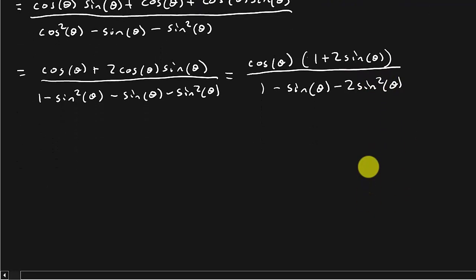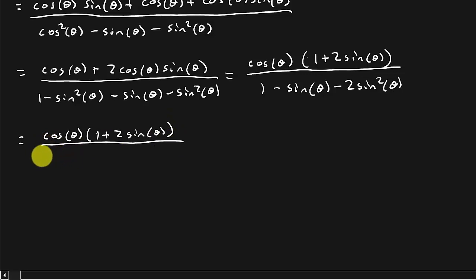All right, so we're moving along. We're getting there. And so this is going to be cosine theta times 1 plus 2 sine theta over, now let's factor that denominator.